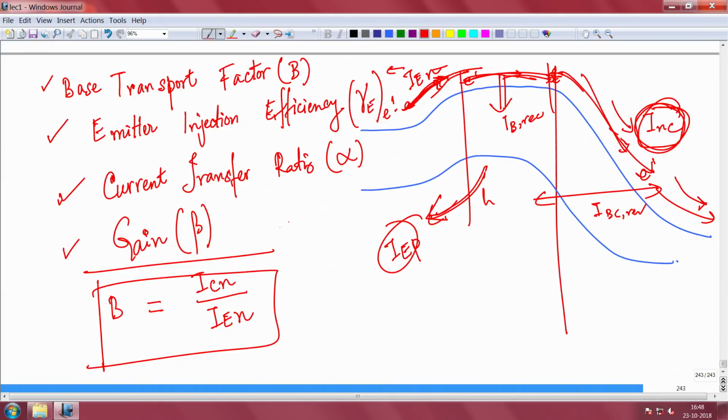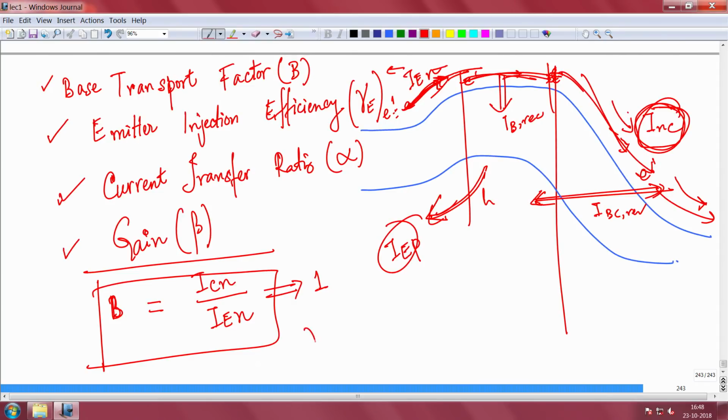So this is the ratio of the collector current because of electrons that have come from the emitter, which is the dominant current. There is no other collector current. This leakage is very, very low. Okay. So this is an important factor, and the base transport factor should be as close to 1 as possible. That means most of the electrons injected from the emitter should have reached the collector. Okay. That is the base transport factor.